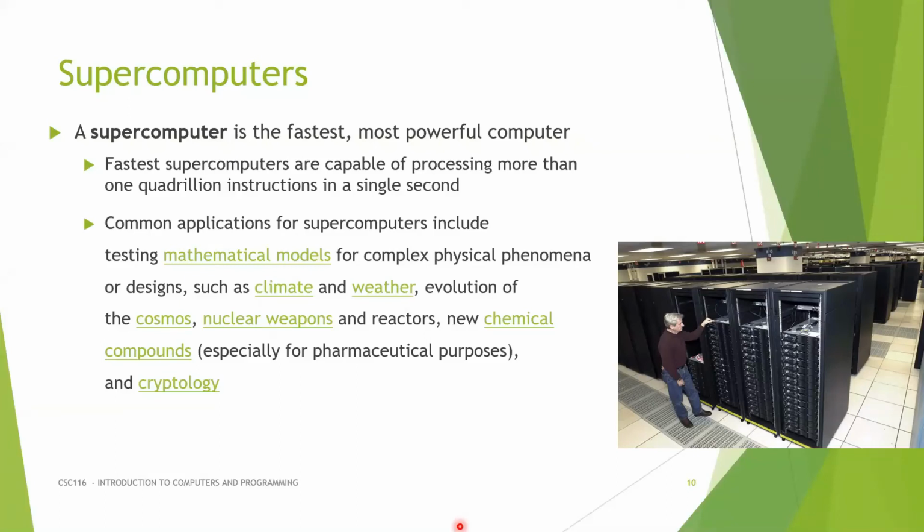Okay, common applications for supercomputers include testing mathematical models for complex physical phenomena or design, such as climate and weather. Weather kan, cuaca. Macam ni dia nak tahu cuaca ada musim tengkujuh ke, berlakunya nanti angin monsun ke, itu semua menggunakan superkomputer untuk buat proses, ataupun untuk buat evolution of the cosmos, nuclear weapon and reactor.